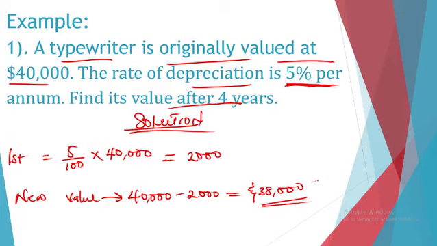Now let's go over to the second year. For the second year, this will now be our original value. Okay, so for year two, we then have 5% of 38,000. 5% of what? 38,000, and that will give us what? 1,900.